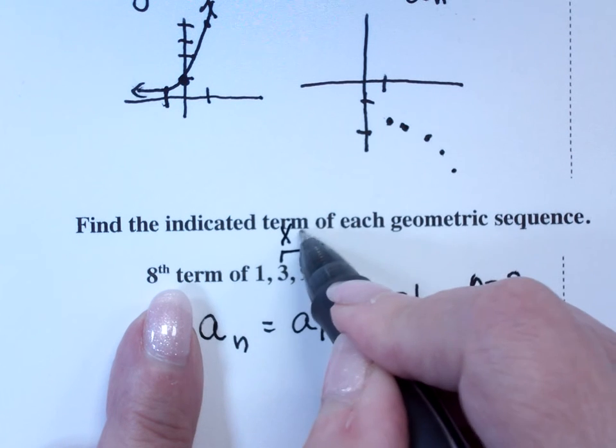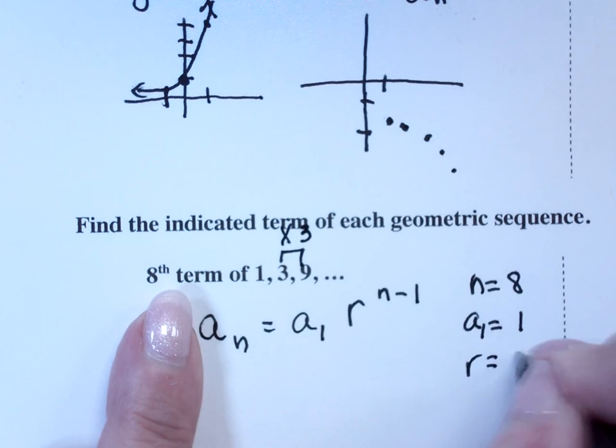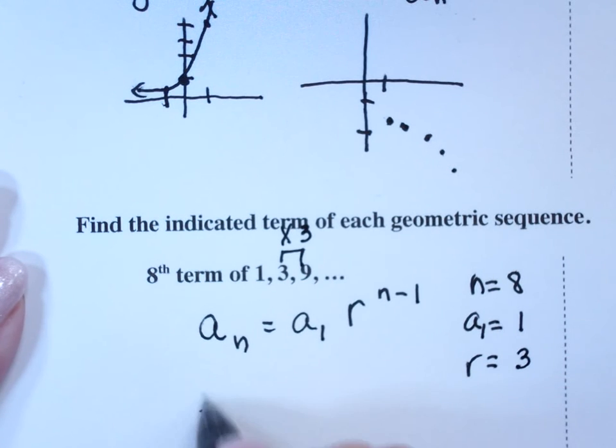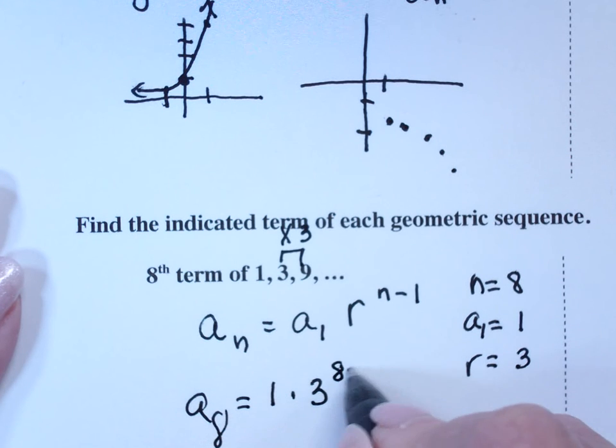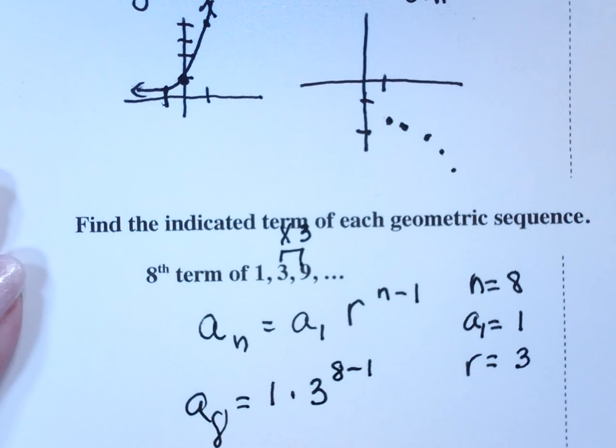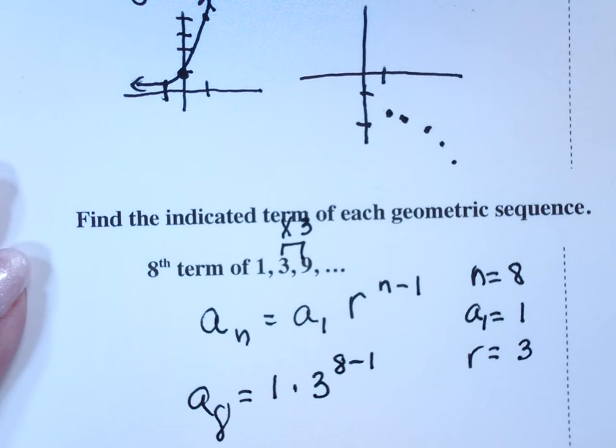Multiply by 3, so r is 3. So I can say that a sub 8 equals a sub 1 times r, which is 3, to the n minus 1, and n is 8, or a sub 8 equals 3 to the 7, and 3 to the 7 is 2187.